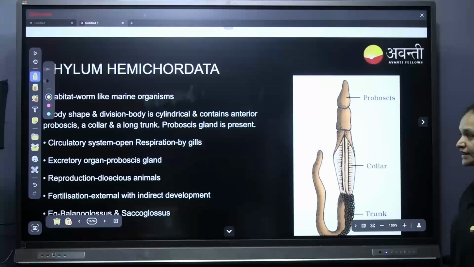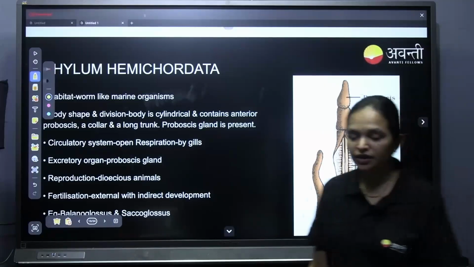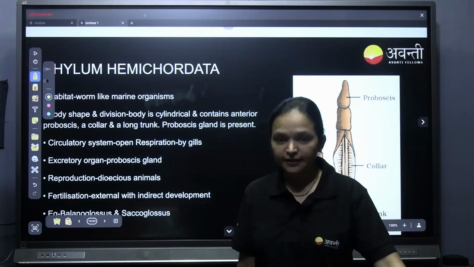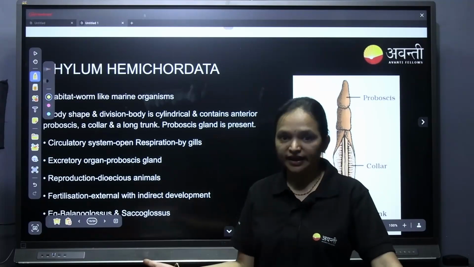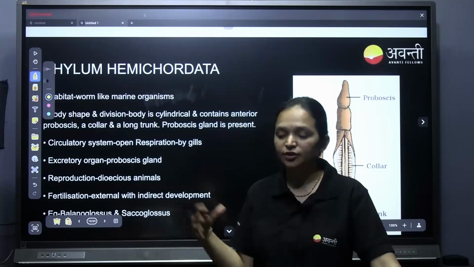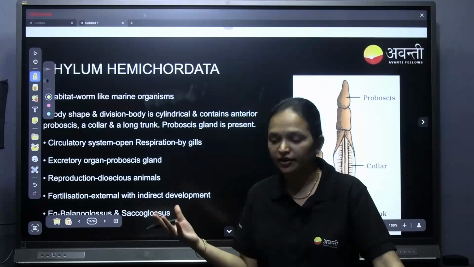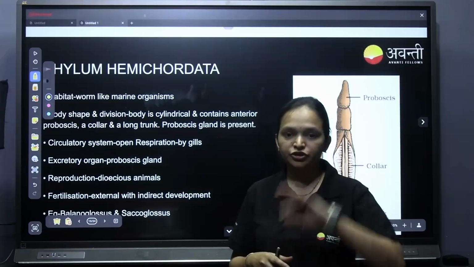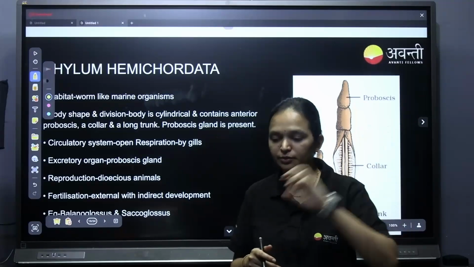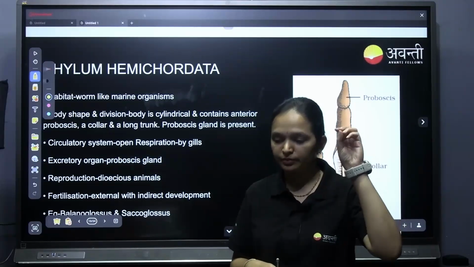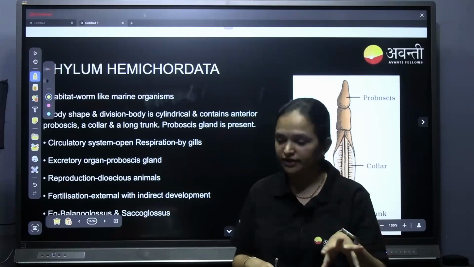Now coming to hemichordata. Previously hemichordates were wrongly placed in chordates. Then they got to know that they are not entirely chordates, so they had to shift the hemichordates from chordata to make a different phylum, that is hemichordata. Why?